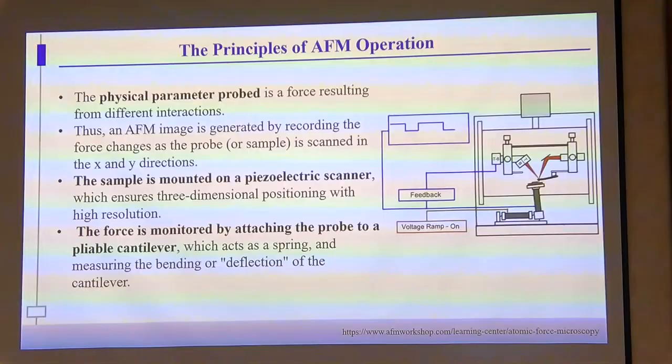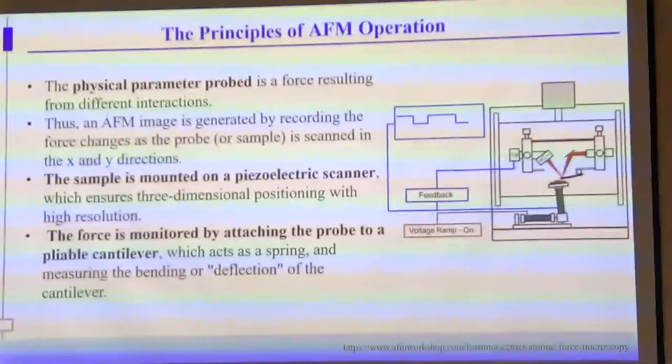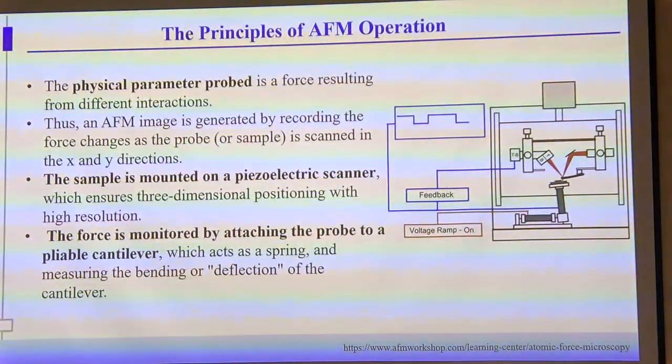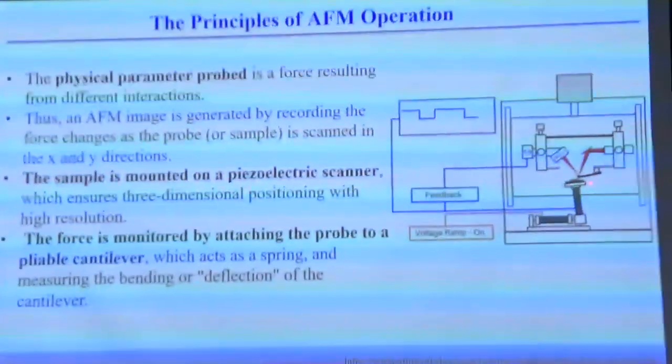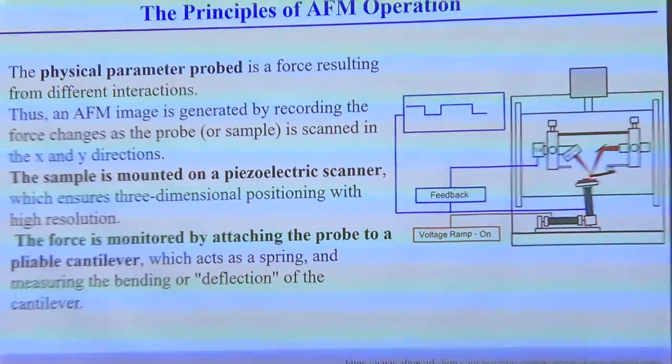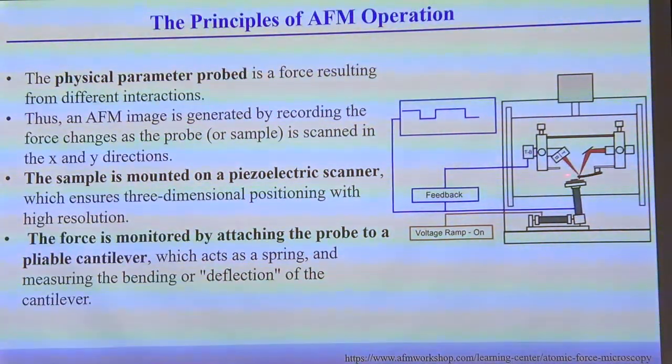The force is monitored by attaching the probe to a V-shaped cantilever, and that is the tip there. In the picture you can see the laser that hits the tip and then goes back to the detector. The variation in the intensity of this laser, depending on the force between tip and surface, creates an image.